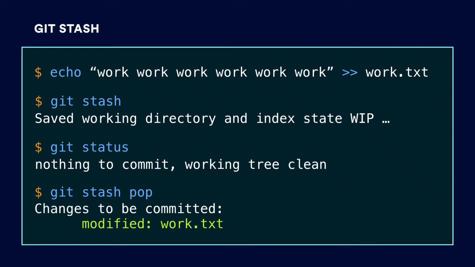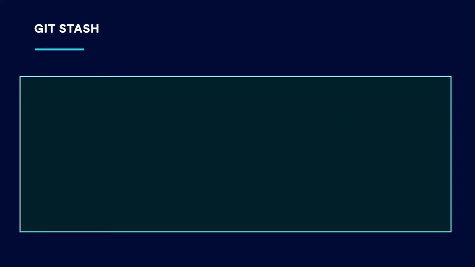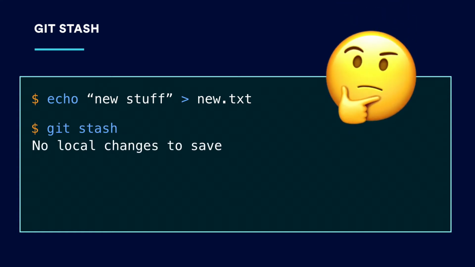That's when it works. So git stash is great if you've made changes to an existing file. But for that quarter of the room who've run git stash before, you may have run into the situation where instead of making changes to an existing file, you've created a new file in your working copy. Now, if you run git stash after you've created a new file, it doesn't do anything.